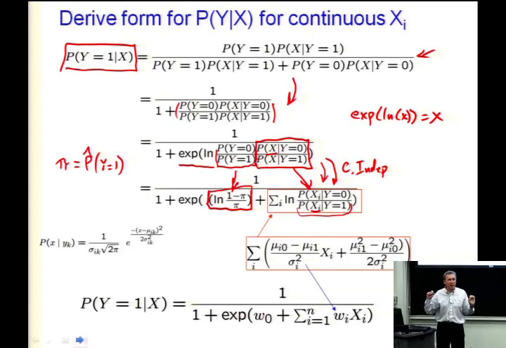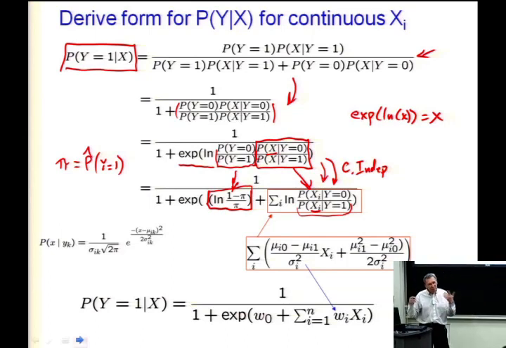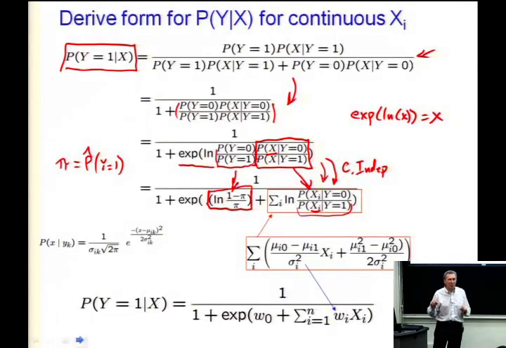Turns out there's a better way in most cases where we're not sure about that assumption. There's a better way to train it, but this works if we're sure about those assumptions.